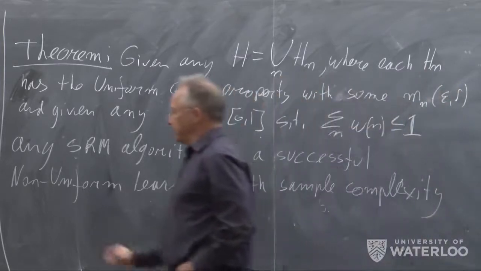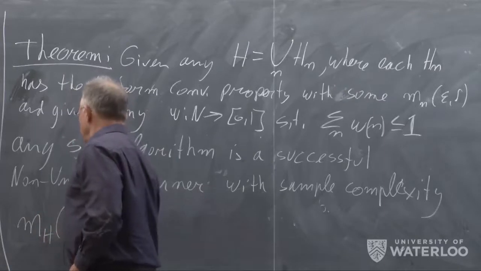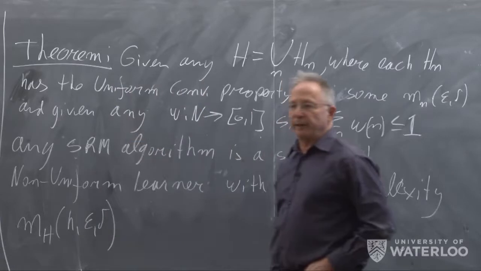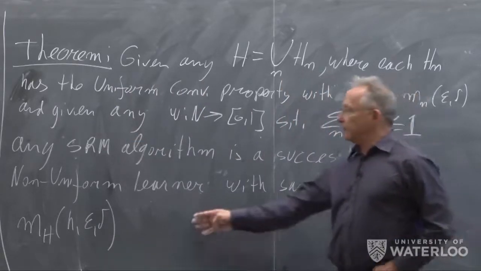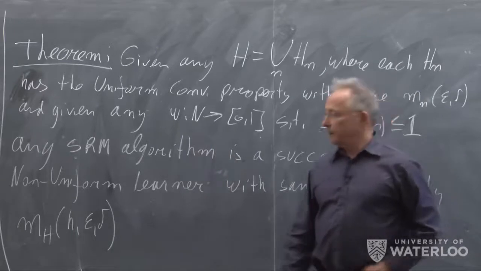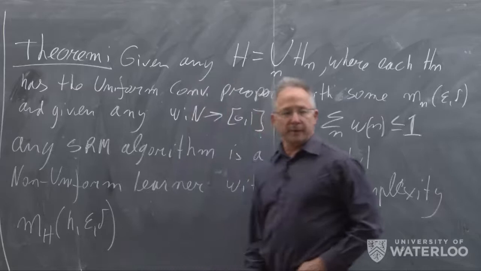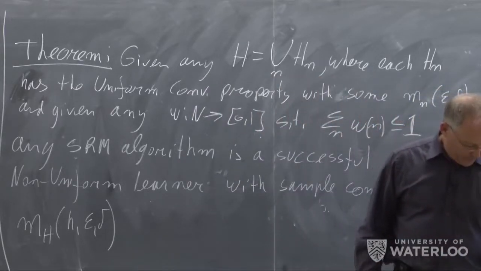I need to give you this m of h, epsilon, delta. That is the kind of guarantee that we need in order to show non-uniform learnability, that there is such a function. Right? What is this function going to be? I have to look at my notes to make sure that I'm not missing anything here.